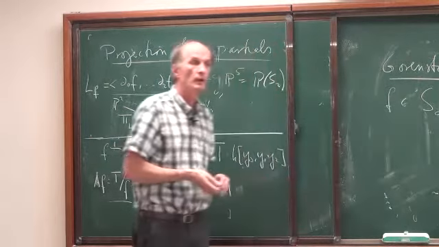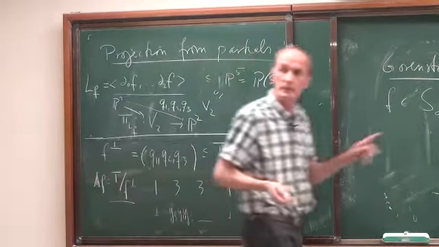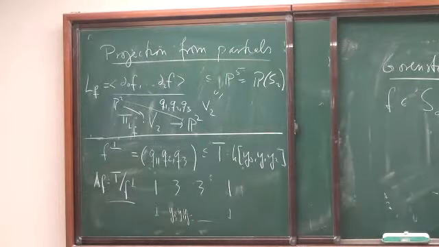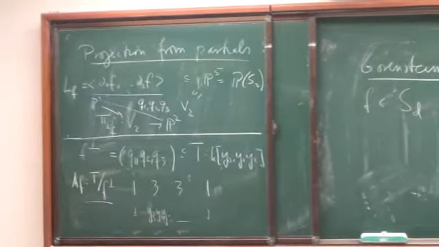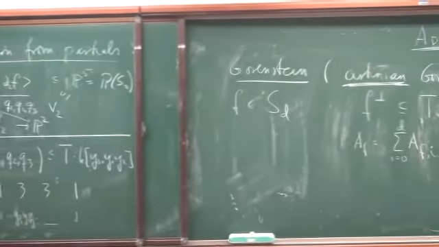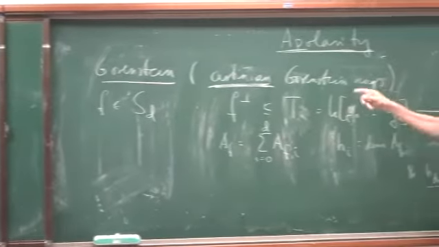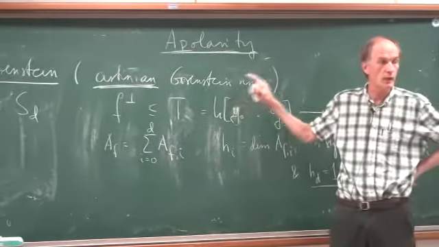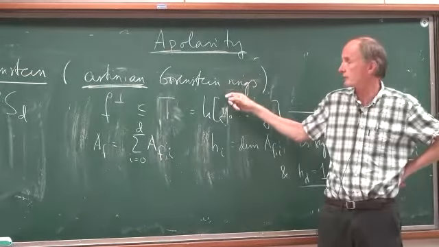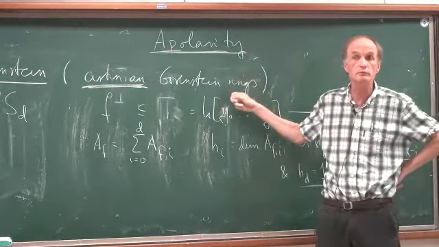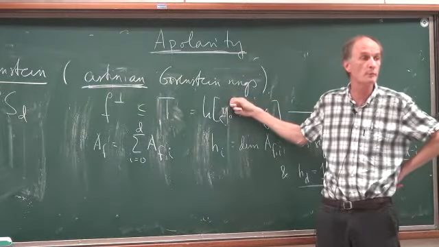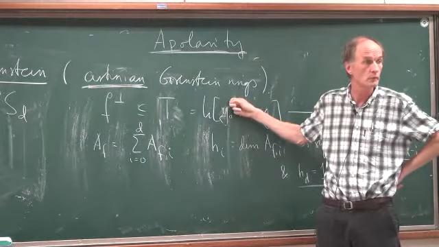Now the big result, due to Macaulay, says that every Artinian Gorenstein ring which is graded comes from a polynomial this way.